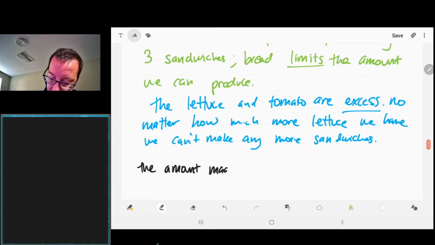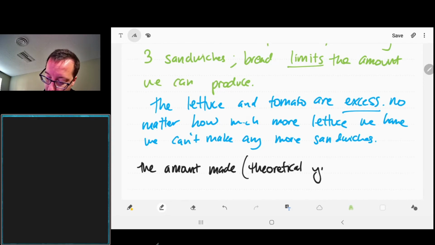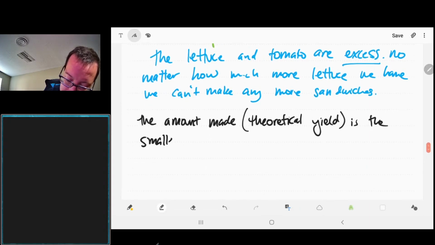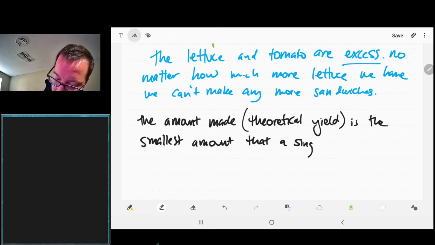The amount that you can make, which is what we're going to call, by the way, the theoretical yield, is the smallest amount that a single reactant can make.